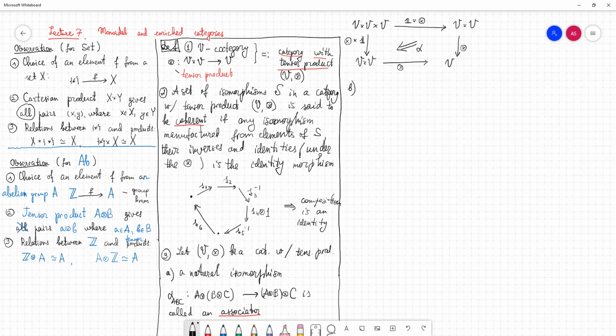Okay, part B. Other isomorphisms that we will need are the following.